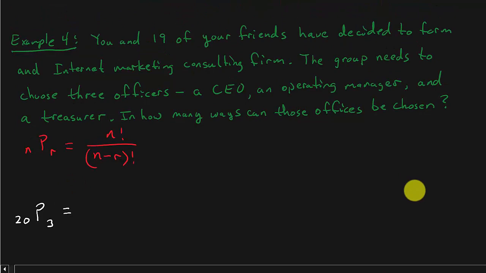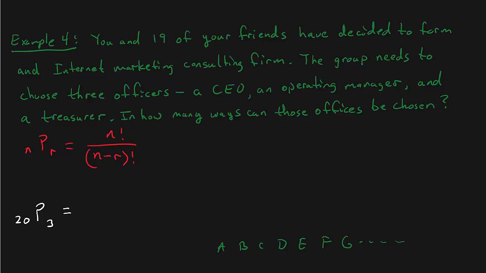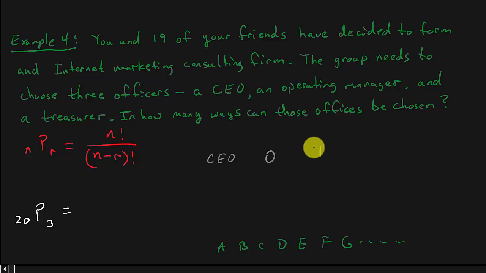Now, before we plug this into the formula, let me go over this. Let's say you've got your 20 friends down here. Let's say you have A, B, C, D, E, F, G, and so on. These are their names. This person's name is A, this person's name is B, this person's name is C, and so on. You've got 20 of them. And the positions we want to fill are a CEO, an operating officer, and a treasurer.